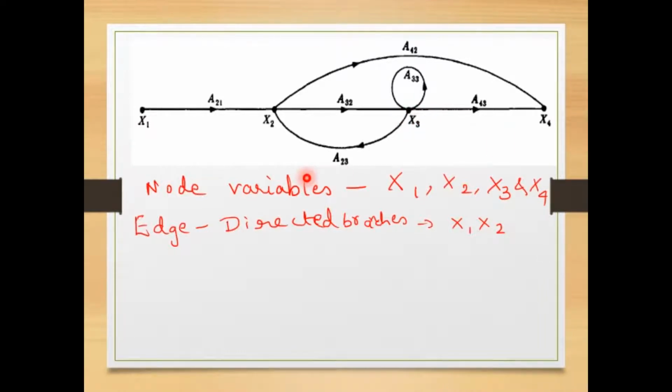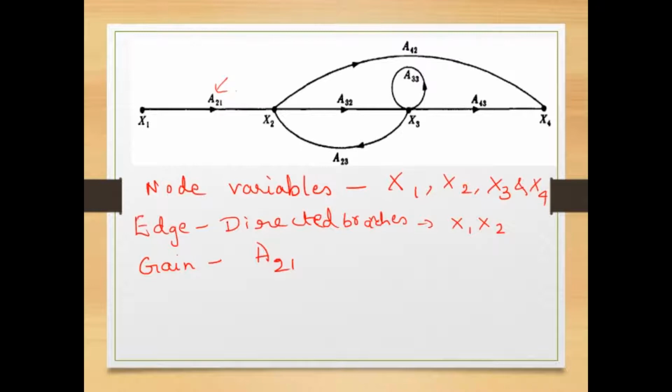So what is gain? The gain of the branch from x1 to x2 is A21. The gain of the branch from x2 to x3 is A32. Similarly, the gain of the branch from x2 to x4 is A42. Those are nothing but the gain or transmittance of that branch. So one example I will write is A21, that is this one.